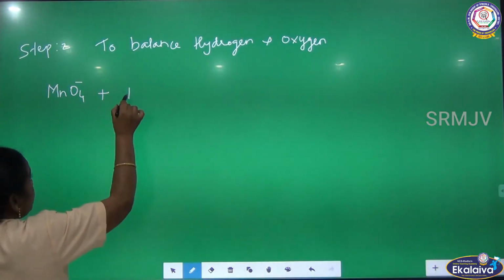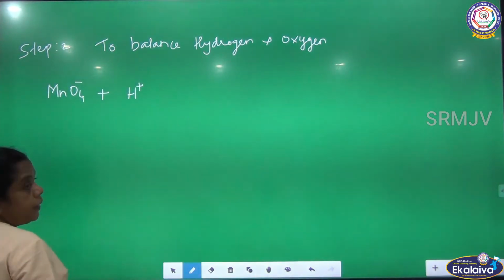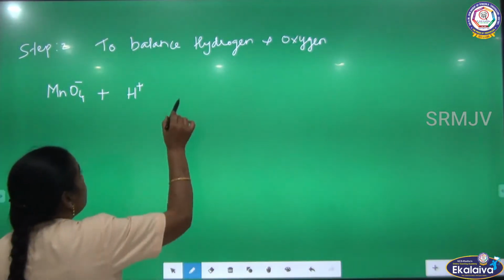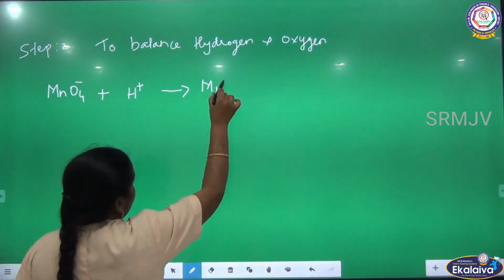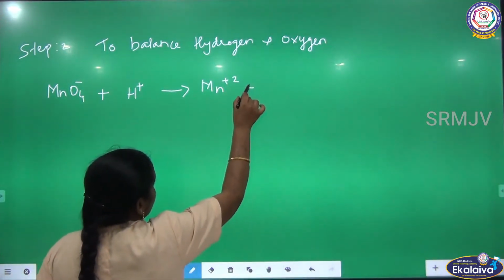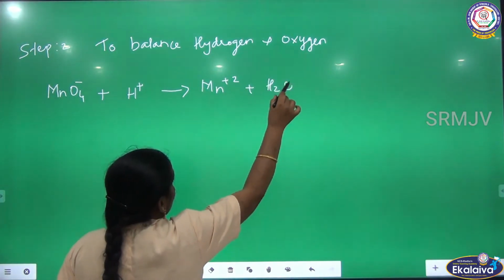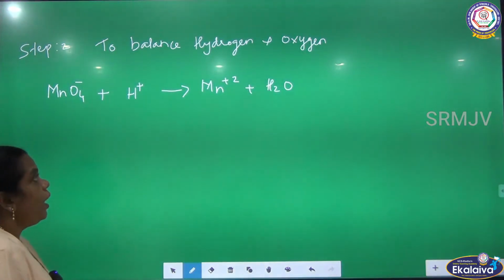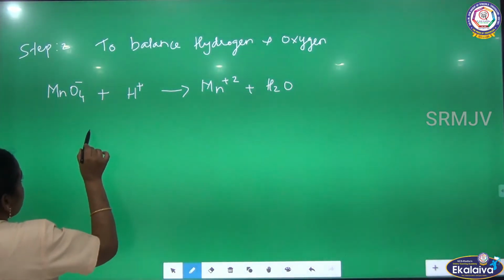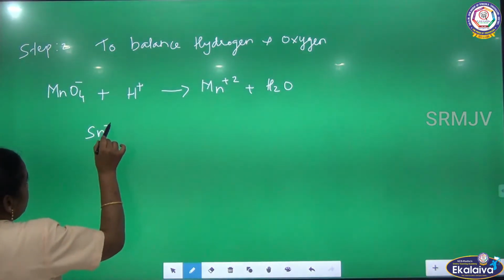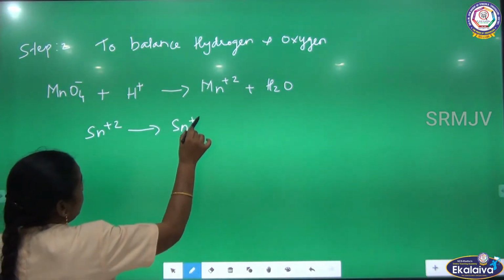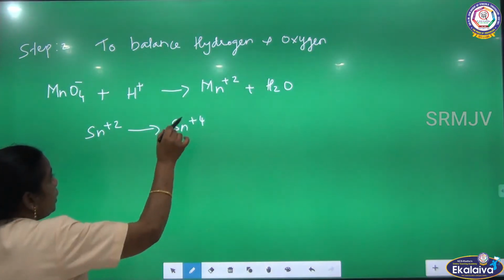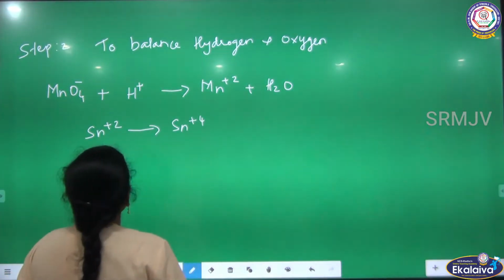You want to balance hydrogen by adding protons, to give Mn2+ plus H2O. And next one, Sn2+ becomes Sn4+. Here, how many electrons are gained, that also you have to write.